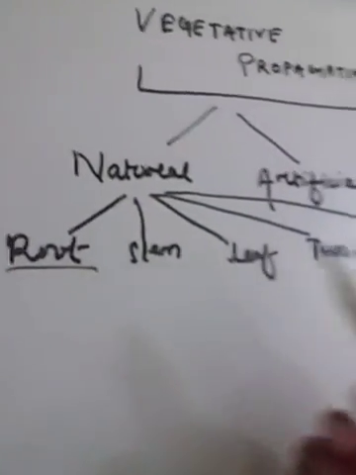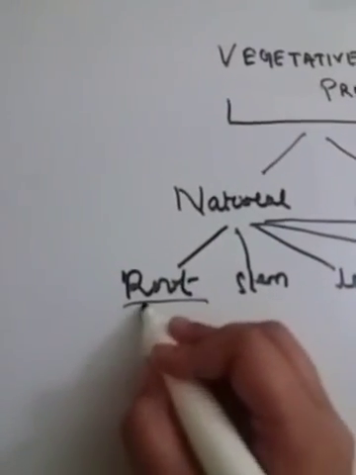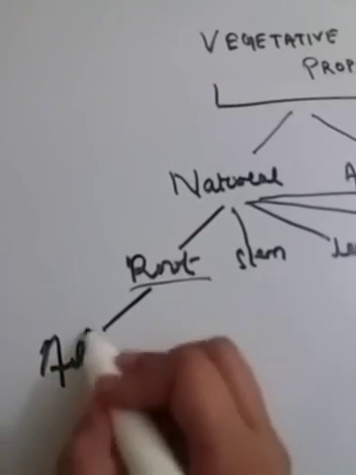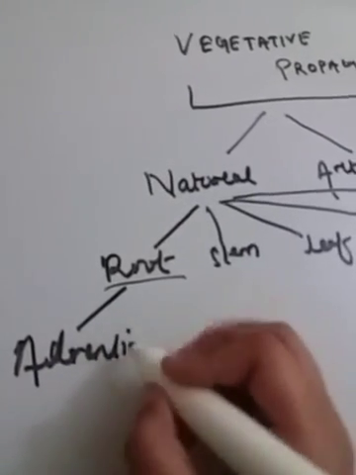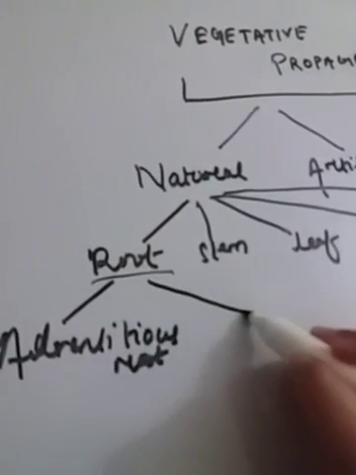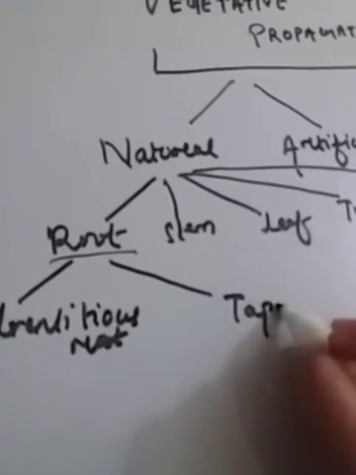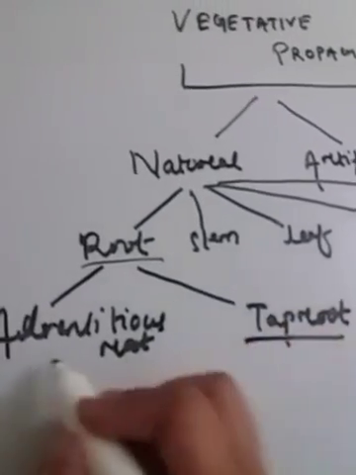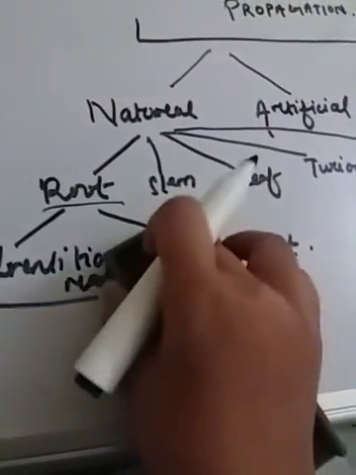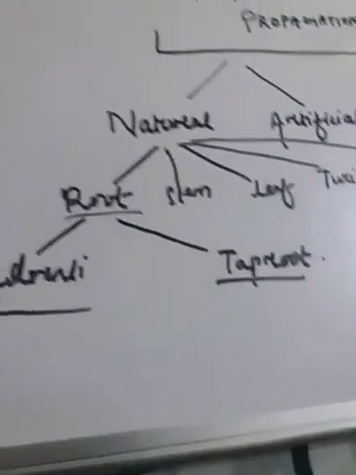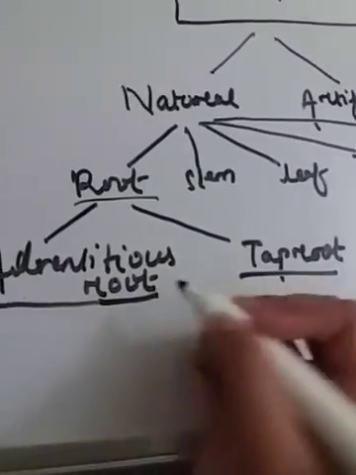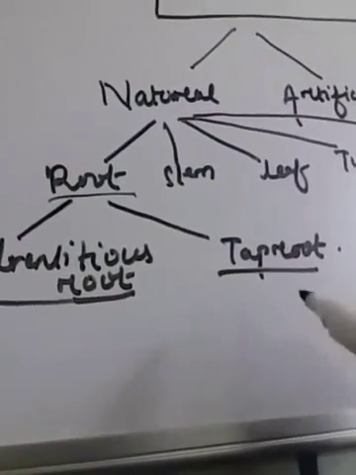First the category here is root. Root is divided, but in our course we have to learn only about two kinds of root, that is adventitious root and taproot.